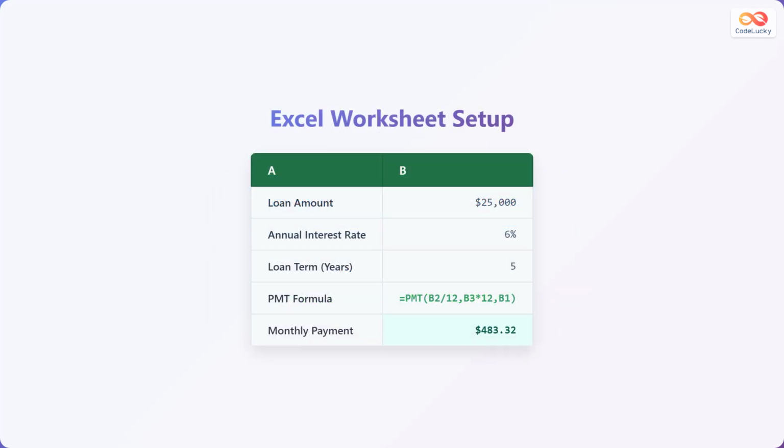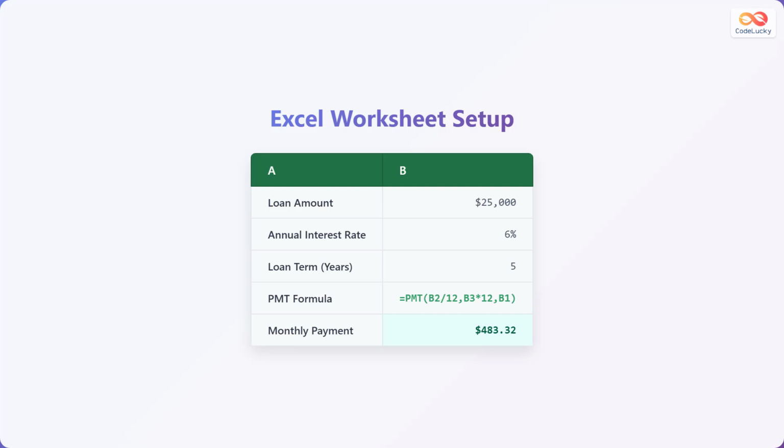Here's how you can set up your Excel worksheet to use the PMT function. In cell A1, enter loan amount. In cell B1, enter $25,000. In cell A2, enter annual interest rate. In cell B2, enter 6%. In cell A3, enter loan term in years.